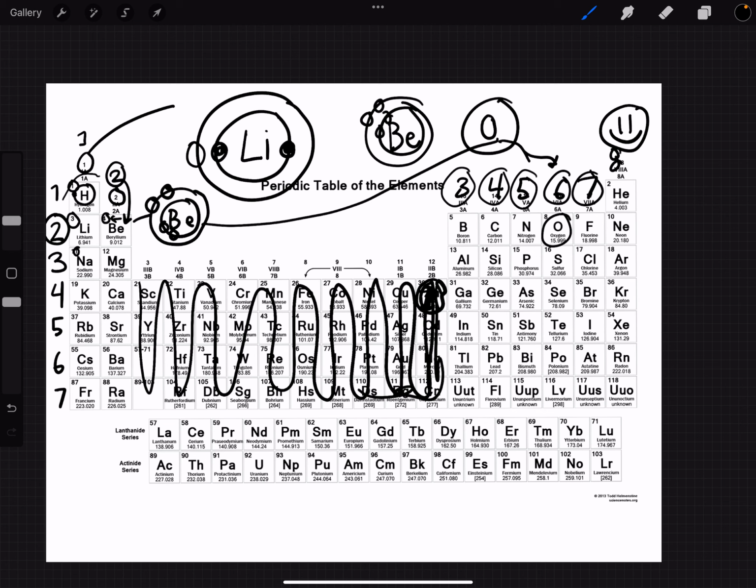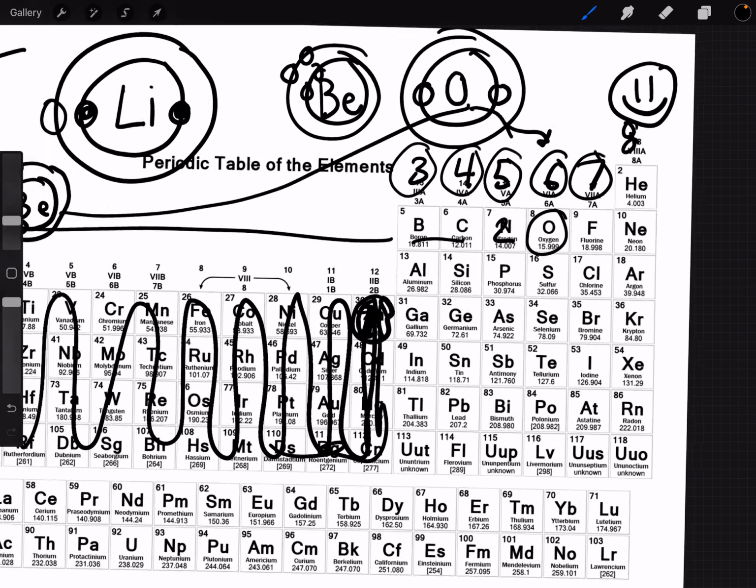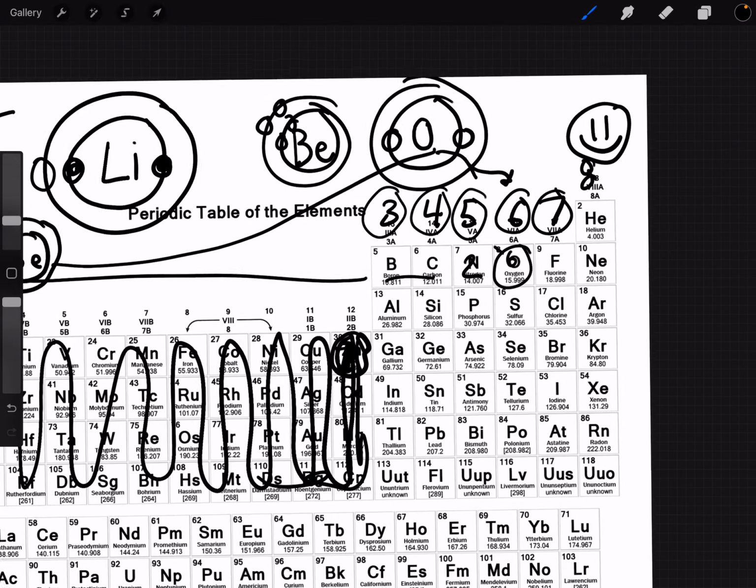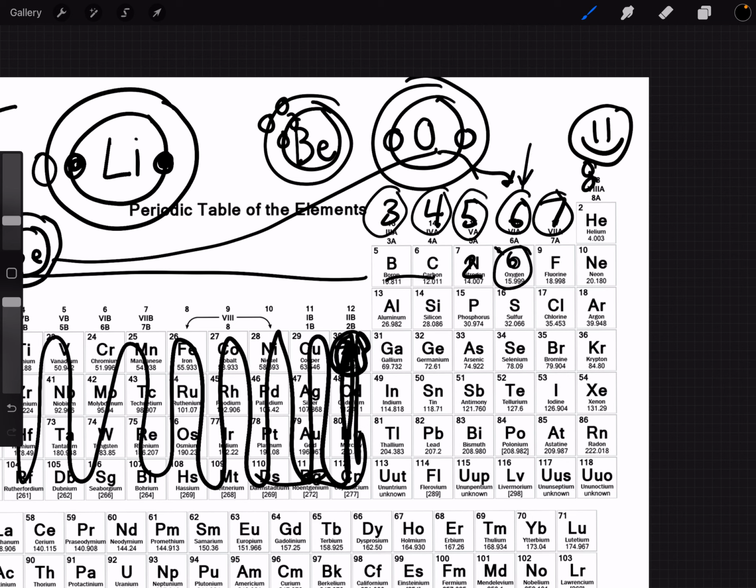Oh, this is the second row, so it has 2 rings, and it always has to have 2 on the inside. And then I've already done the 2 on the inside. So, okay, so it's up to 6. So I'll just add 1, 2, 3, 4, 5, 6.